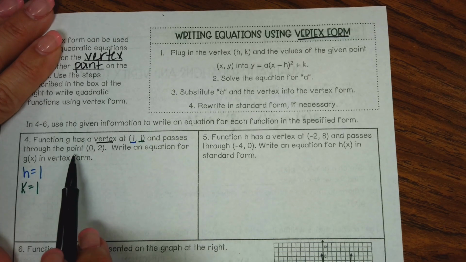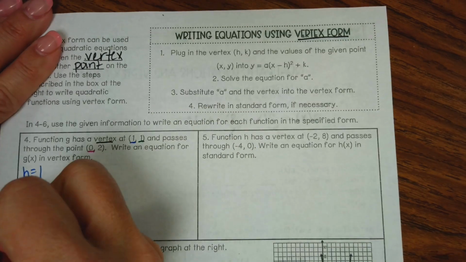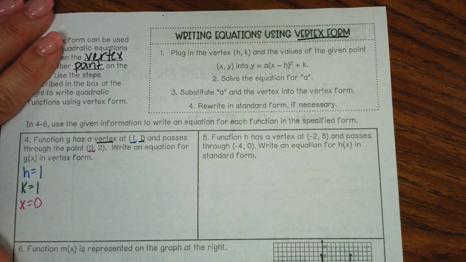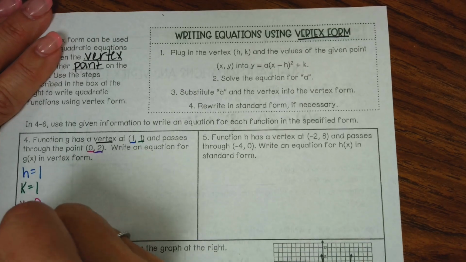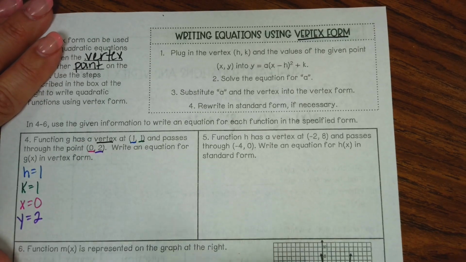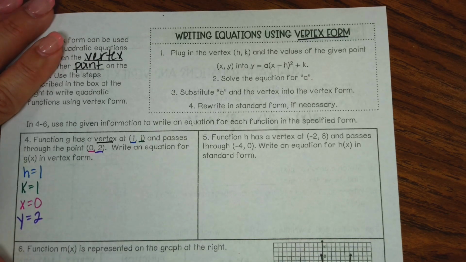And it passes through the point 0, 2. 0 is going to be an x value, and 2 is the y value. So I have an h, a k, an x, and a y value. So write an equation for g of x in vertex form.